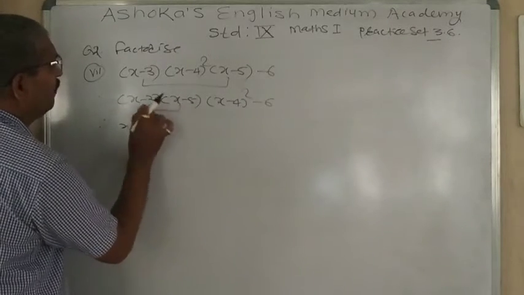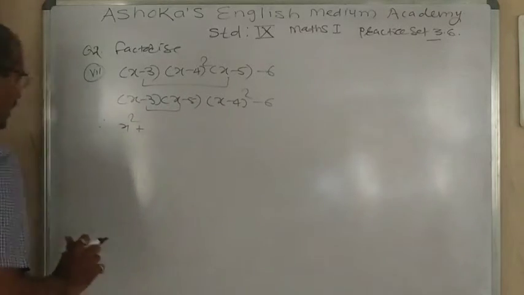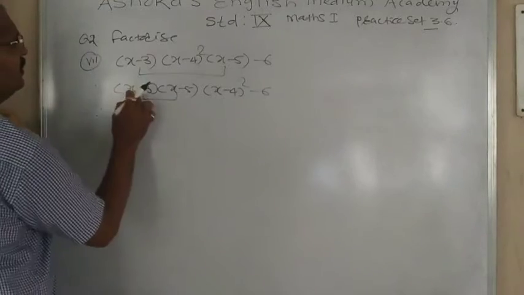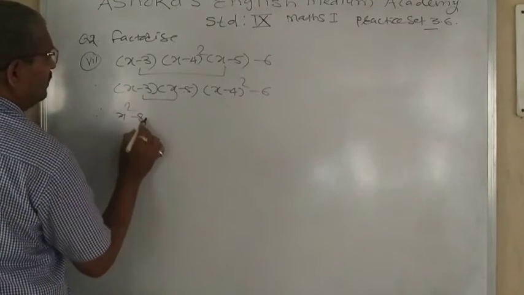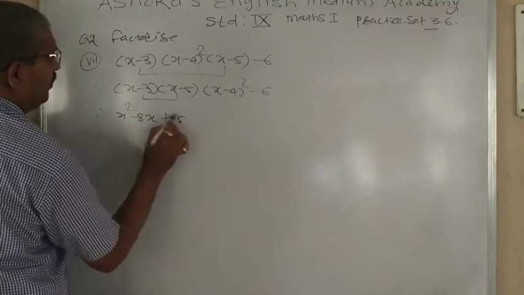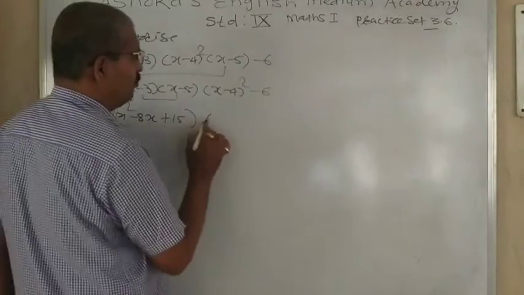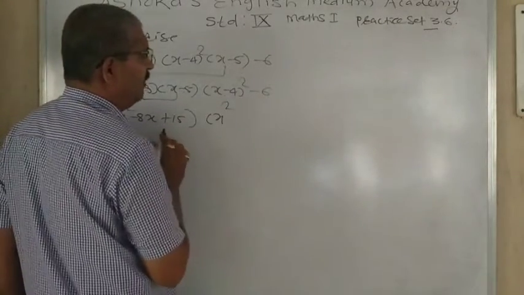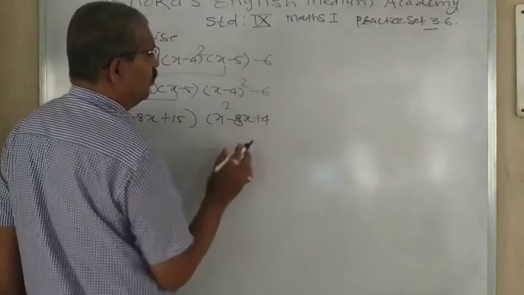First term square, minus 5 minus 3 means minus 8x will come. 5 times 3 is a positive 15. And here if you expand this, you should expand x square minus 8x plus 4.